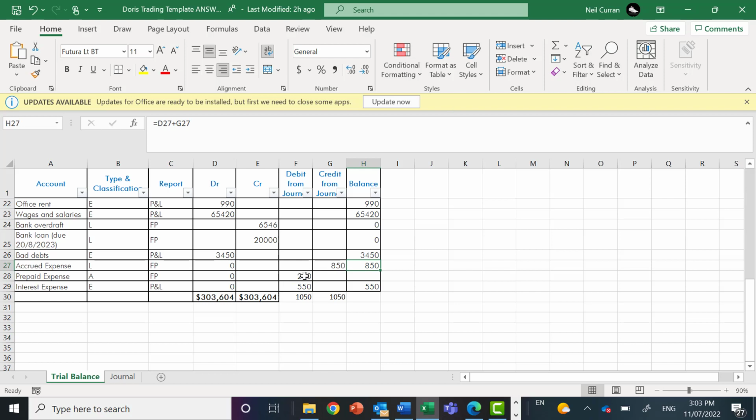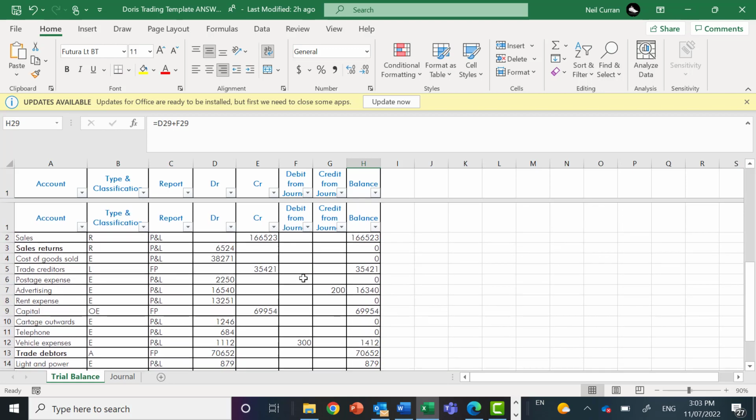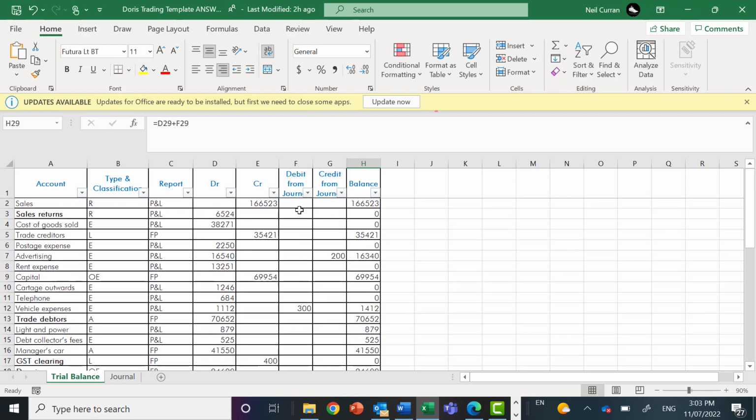Okay, so then we need to work out the balances for the other existing accounts in this trial balance. I've done some already. If there are no amounts in these journals here, it is using the amount that is given.